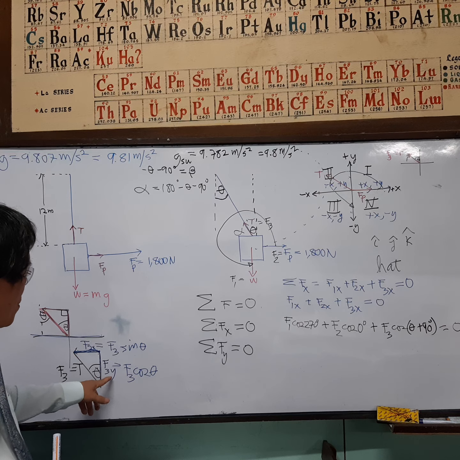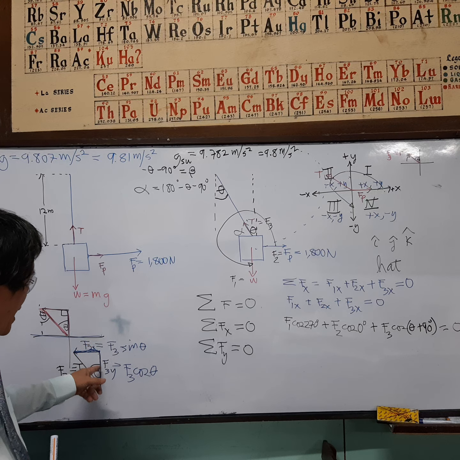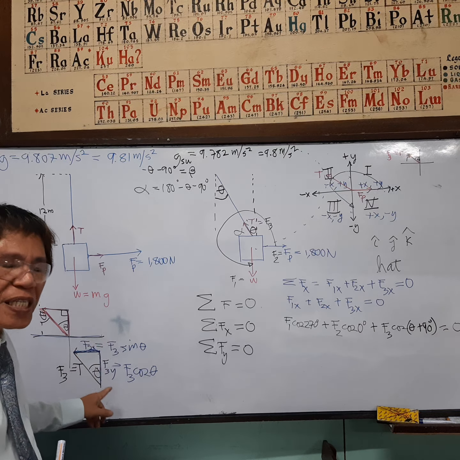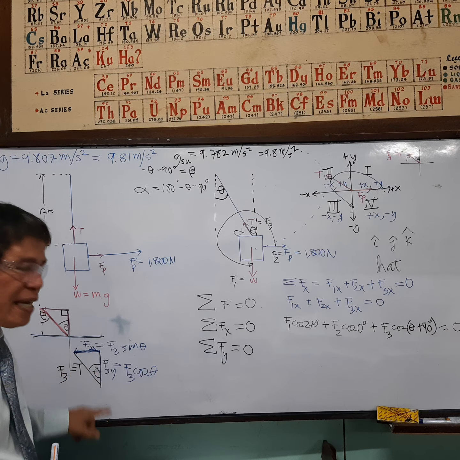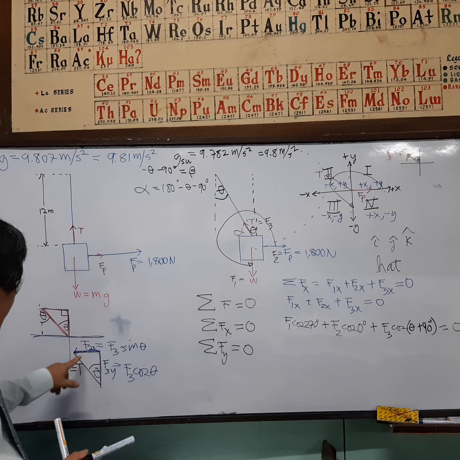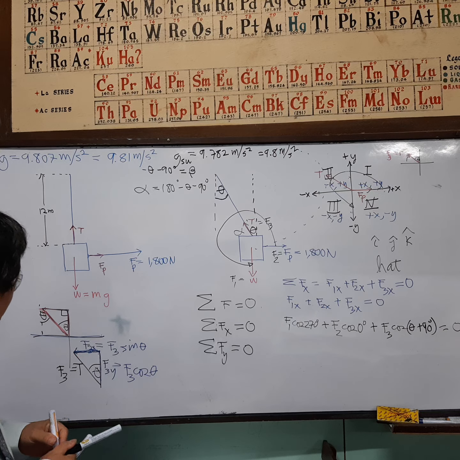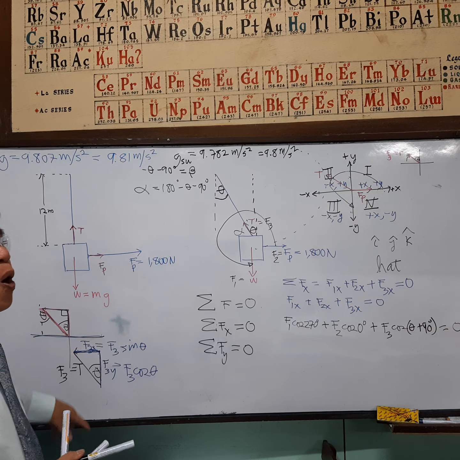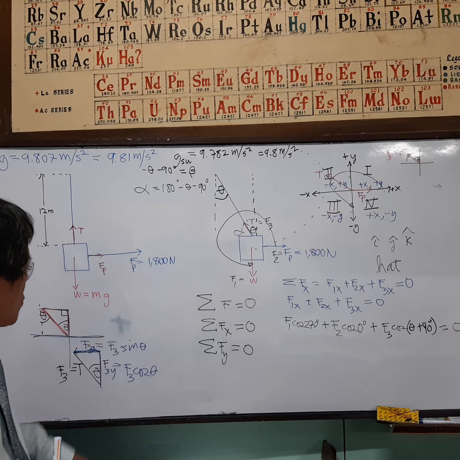Why cosine for this side? Because we get F3y here, which is the adjacent side to the angle theta. F3x is the side opposite to the angle theta. So, sine theta.